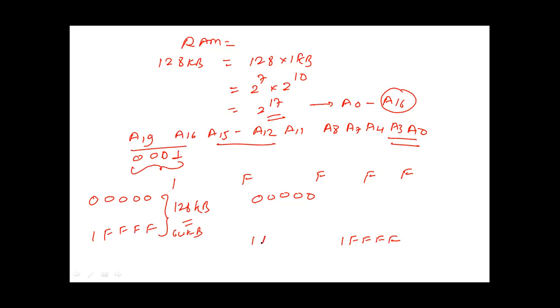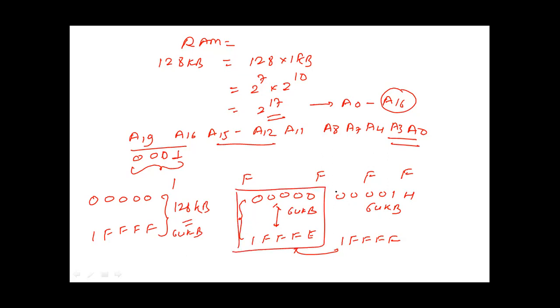So the one immediate to this would be 1FFFE, which would be going into an even memory location, and 00001H would be going into an odd memory location. So in this way, this will become 64 KB. Automatically, this will fall into 64 KB and 64 KB. So this being the 64 KB chip, first chip, and this would be the second chip, and these are the address spaces for even and odd memory locations.